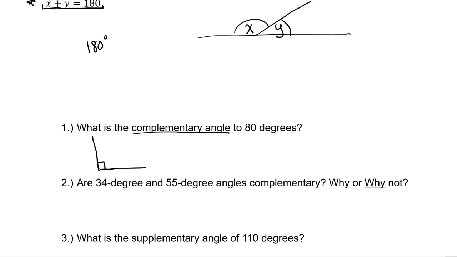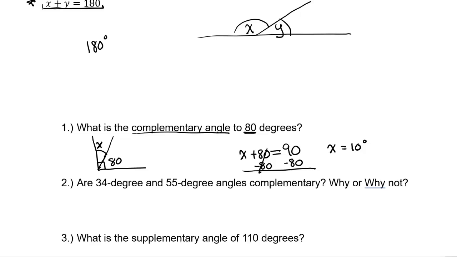I also know that one of my angles equals 80, and then some value that I don't know, but I do know that it equals 90, right? So I have x plus 80. Now it's a little equation that I need to solve. So I'm going to subtract 80 from both sides, and I get that x equals 10 degrees.